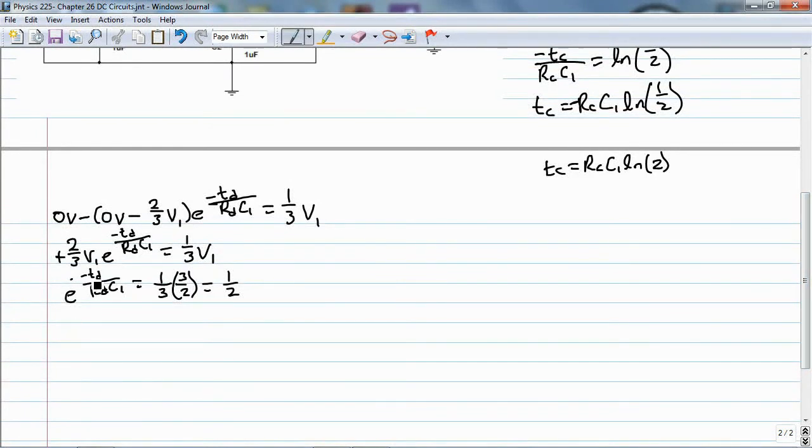And now I can take the natural log of both sides, and simplify using the negative for the logarithm again.